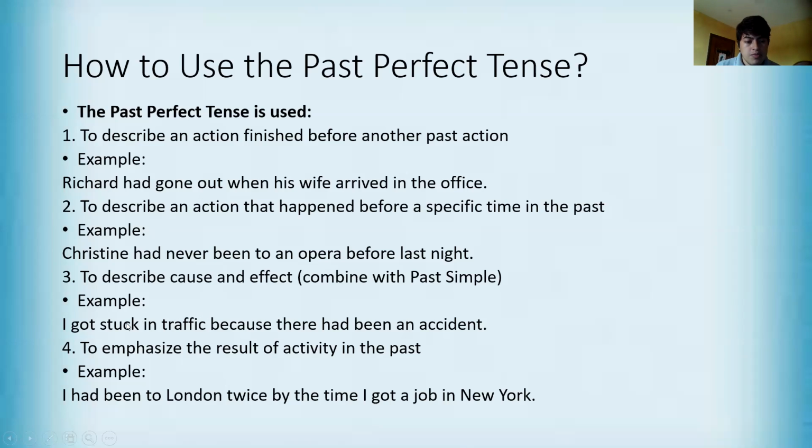Here, as we say, to describe a cause and effect, the cause is he got stuck, and the effect is because there had been an accident. To emphasize the result of activity in the past.